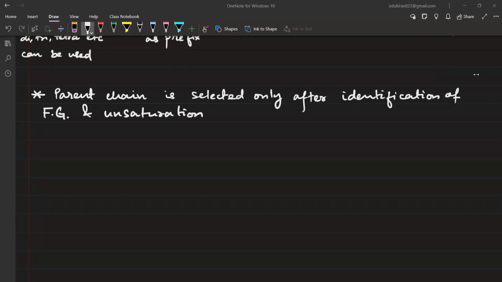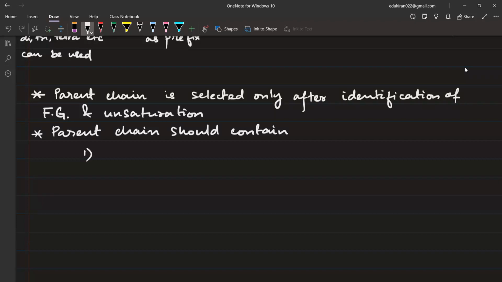Okay? Why is that? Because parent chain should contain functional group. It means one of the carbon atoms inside the parent chain should contain the functional group.